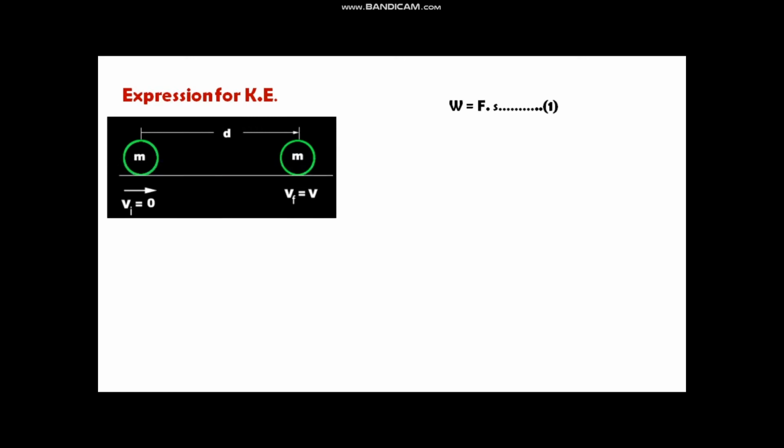The expression for kinetic energy. Let's suppose a stationary object of mass m moves because of the applied force. Let its initial velocity be vi. Let the force F be applied, and this generates acceleration a in time t.